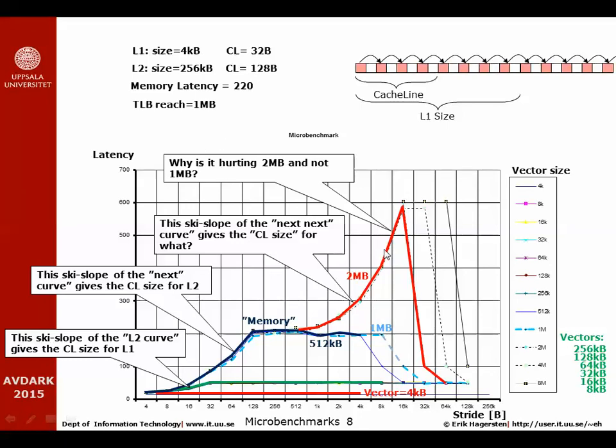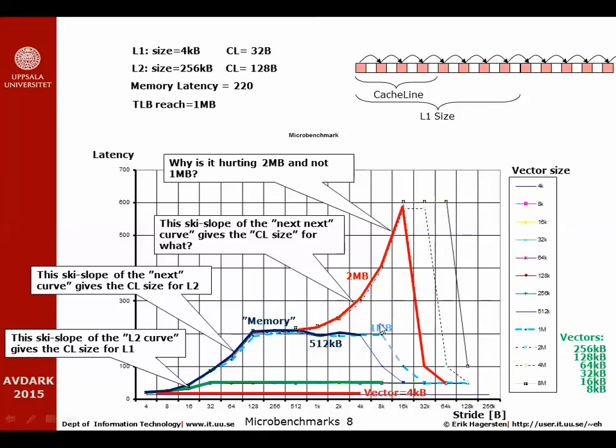And the answer here is that it has to do with the TLB. The TLB reach of this architecture is 1 megabyte, which means that if you add up the size of all the pages for which the TLB can contain a translation from virtual to physical addresses, the size of those pages come to exactly 1 megabyte.